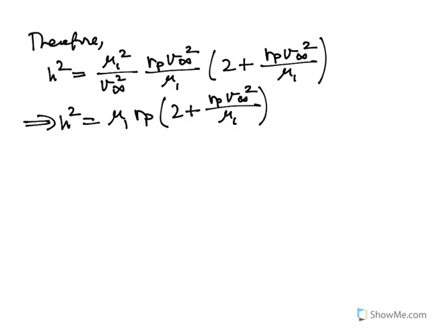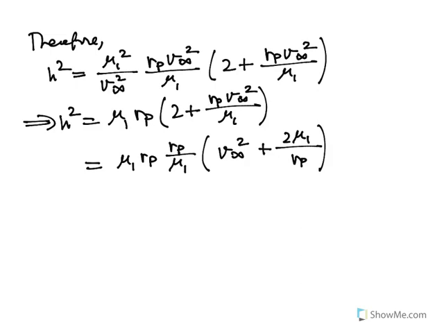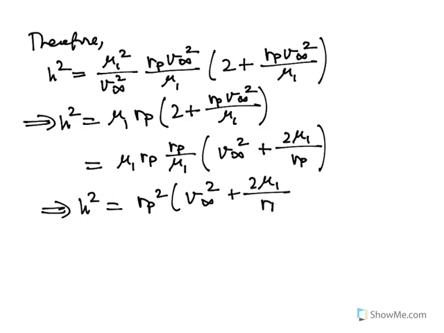And then that can actually be rewritten this way, which is that we can factor out the RP over mu1, and we actually get mu1 RP times RP all divided by mu1, and now if you factor out the RP over mu1, we're left with v infinity squared, if I rearrange the terms, plus we get 2 mu1 all divided by RP, and that winds up being the expression that leads us to the most simplified form of this specific angular momentum squared, which gives us v infinity squared plus 2 mu1 all divided by RP.